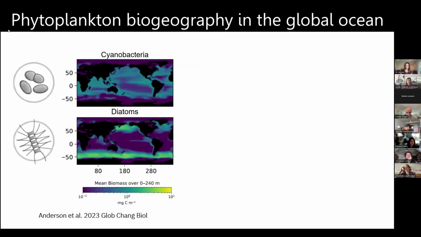So as a quick intro to phytoplankton biogeography, we know that there are well-known distribution patterns for different types across the ocean. So for example, the tiniest of the phytoplankton, cyanobacteria, they dominate within oligotrophic gyres. And larger eukaryotes, such as diatoms, they will dominate in more nutrient-rich regions.